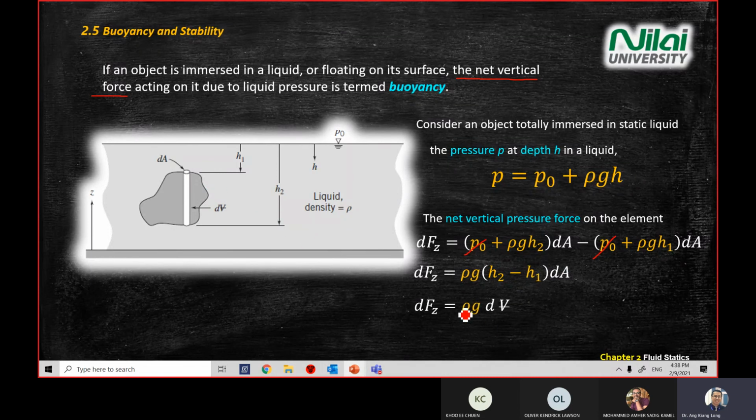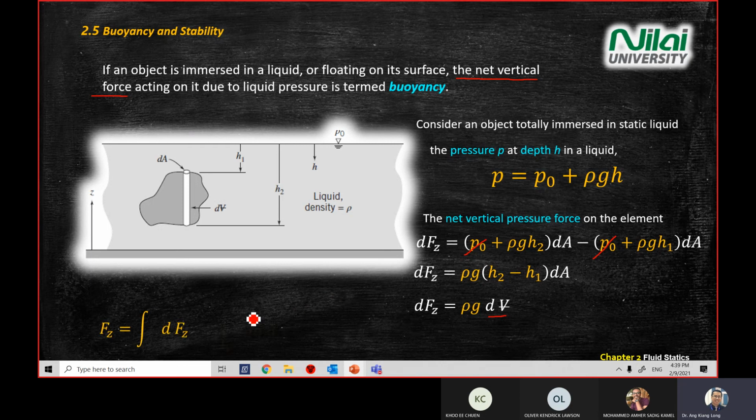So you will have rho G dV. dV is the volume. You take the area times the H here, and you get the volume displaced by the object. Or maybe in earlier years, you learned about Archimedes' principle. So the buoyancy force was also proven by Archimedes.